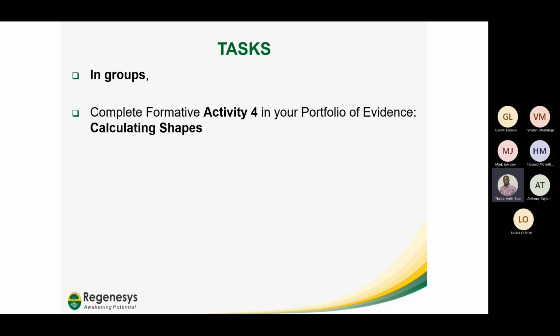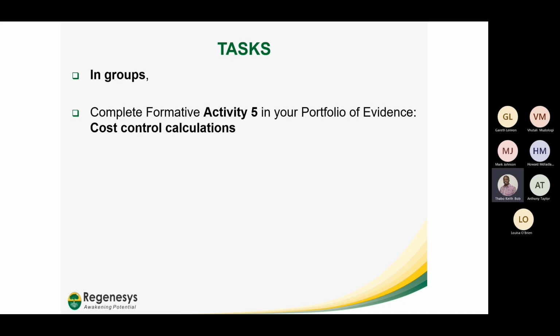So this is about calculating shapes and the parameters. And then I've just covered activity number 5, so that you are able to do cost control calculations. Then we can move on to other financial instruments, as we need to be completing activity number 6.